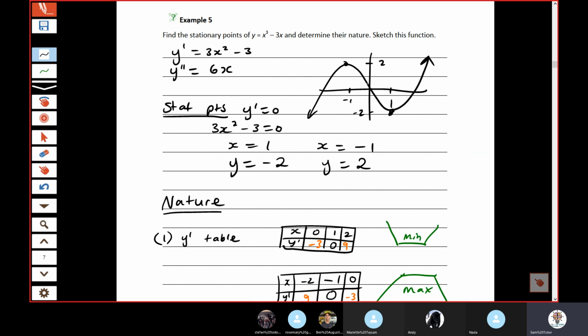Done. And obviously somewhere in between there would have been a point of inflection, which we're going to prove soon, or find soon. Doesn't matter where you cut at the moment. Where you should cut really actually is 0, 0, because that's your y-intercept. But otherwise, whatever.